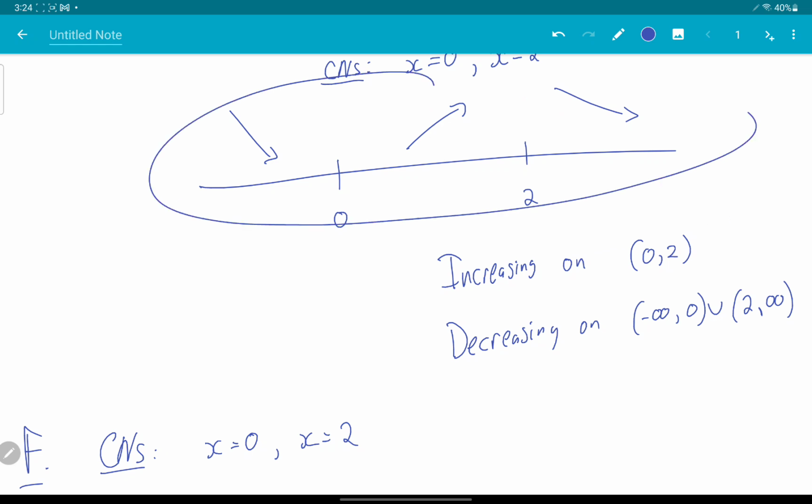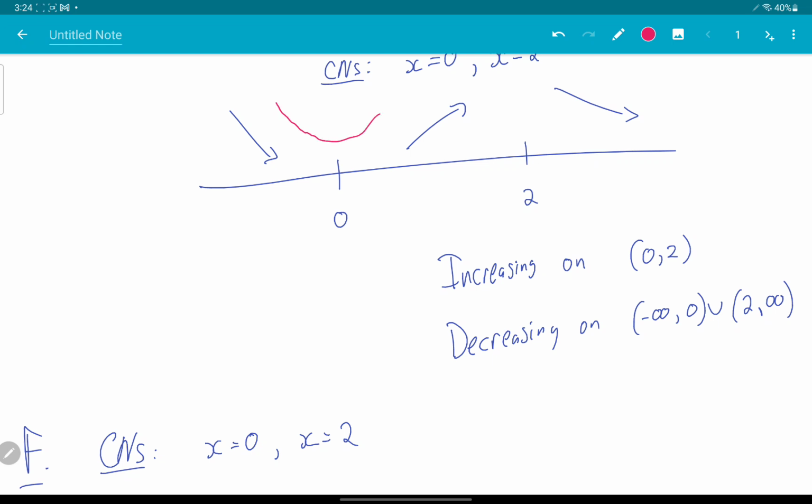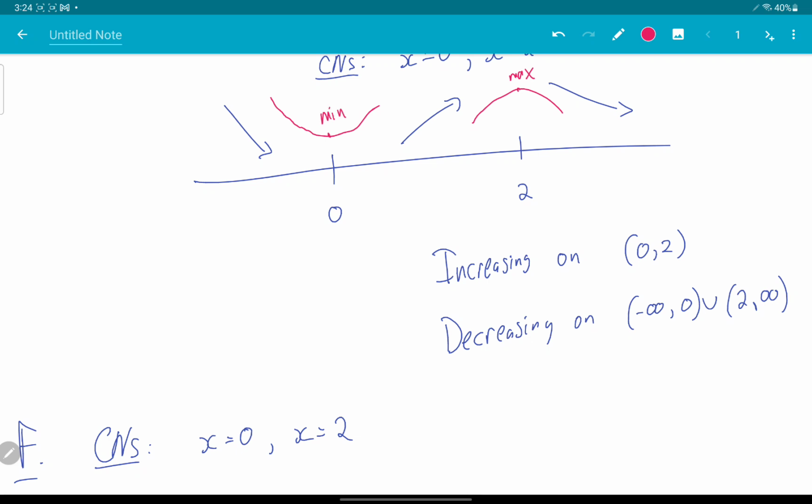Looking at my diagram here, I can see that my function is decreasing and then increasing. And then at 2, it's increasing then decreasing. So I got a min here, and I got a max here.